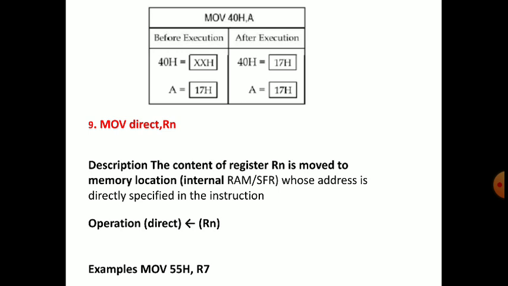Move 55h comma R7, you can write, and before execution the 55h has some random data xx, and R7 register will have a data of something, say 15h or 05h. Then you can draw the same table, that is after execution the 55h will have the same contents of this R7 register, that is 15h or 05h. The same R7 will also have 15h remain there.